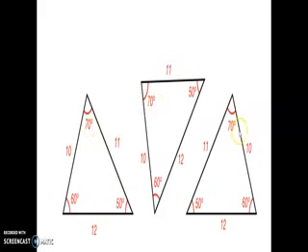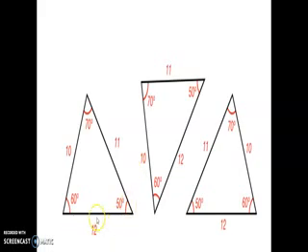These three angles are corresponding angles. Similarly, 60 degrees in this triangle, and here 60 degrees, and here 60 degrees. These three angles are corresponding angles. Like that, this 50 degrees, 50 degrees, and 50 degrees. These three angles are also corresponding angles.